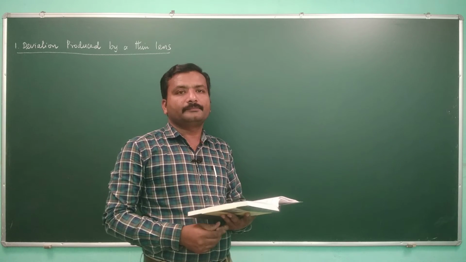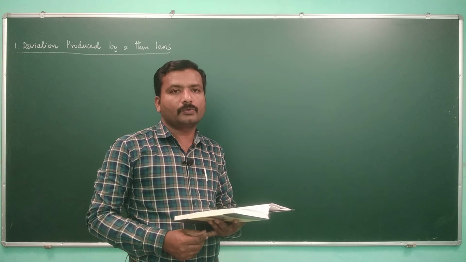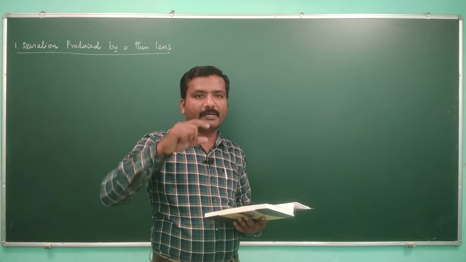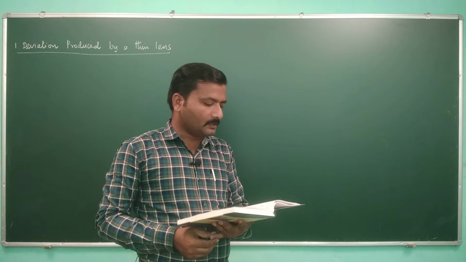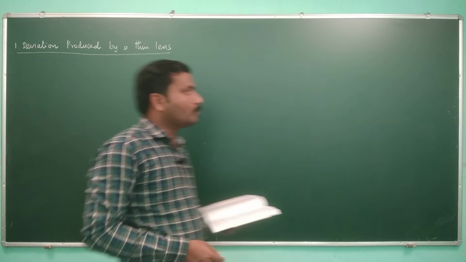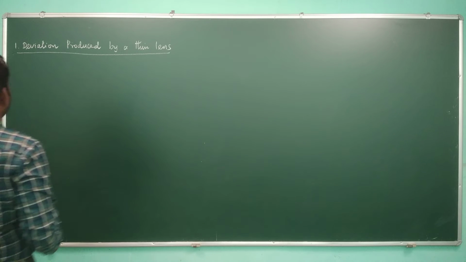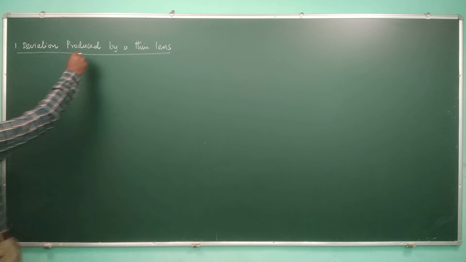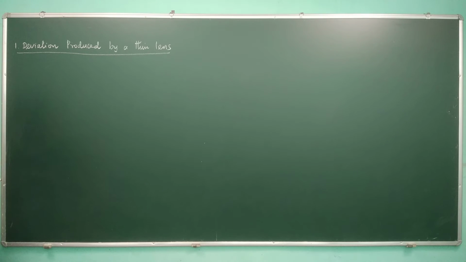A lens whose thickness is very small when compared with its height is said to be a thin lens. We consider one such lens and we will find an expression for the deviation produced by such a thin lens.